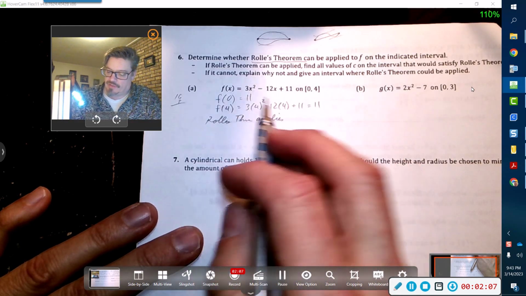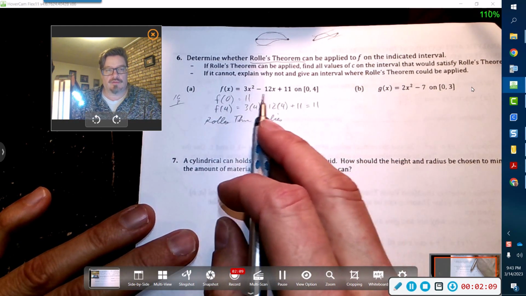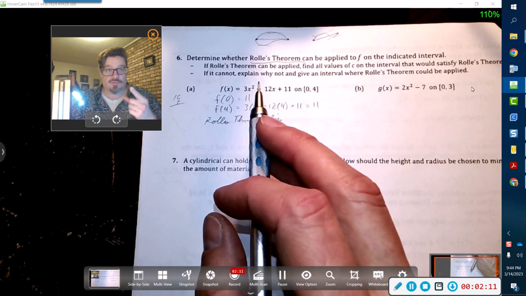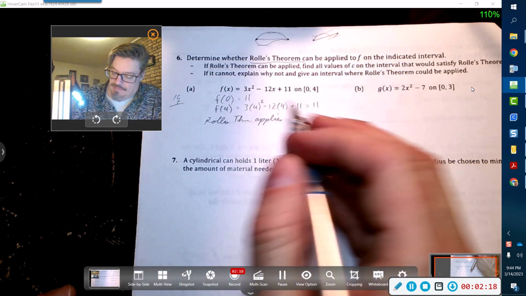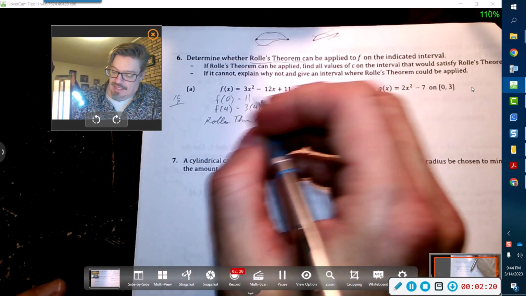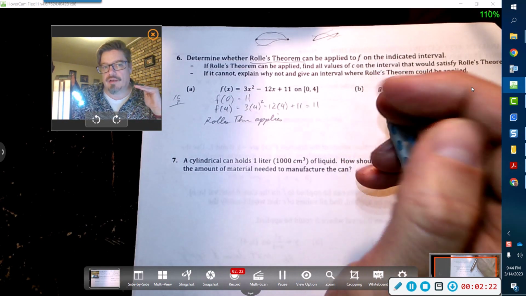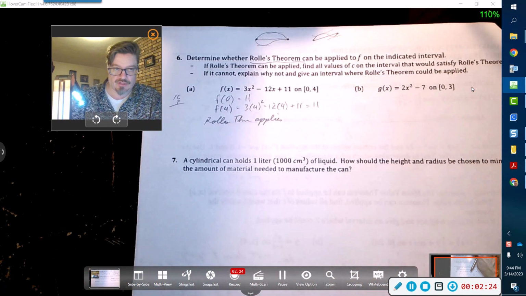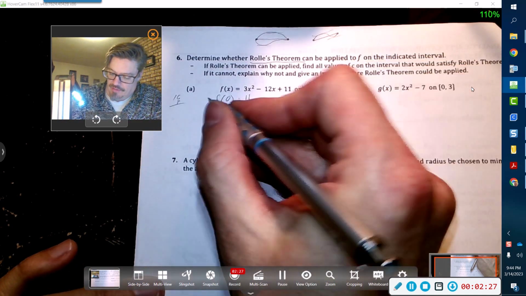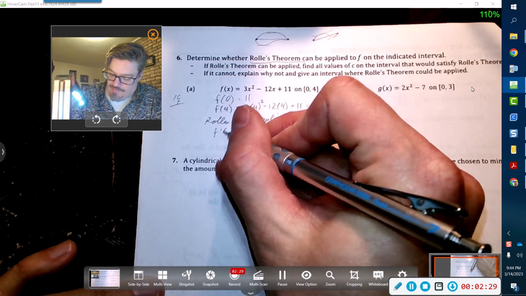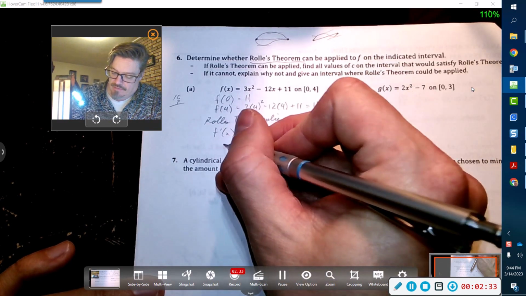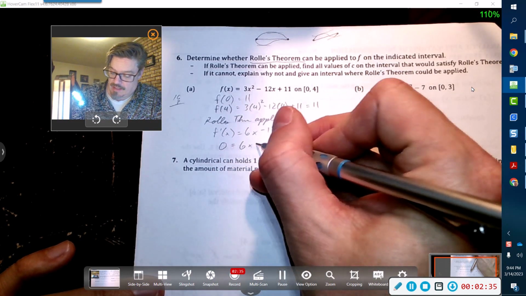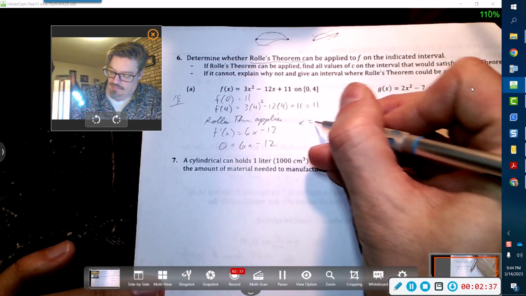And we might want to include a statement that says it is differentiable and continuous because it's a quadratic polynomial. All right, so now all you got to do is find that, because these guys equal each other, that means that the average rate of change is 0. So 0 has to equal this derivative. Let's find the derivative. 6x minus 12 equals 0. So it looks like, oh, that's an easy one. x equals 2.